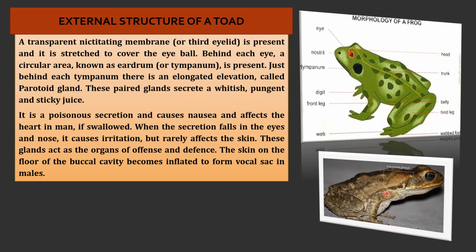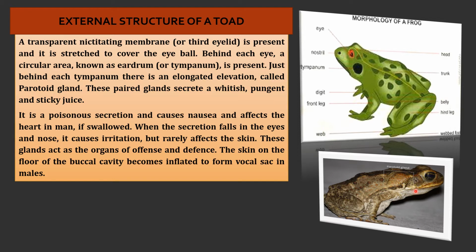And see, within a box it has been shown that it is the parotid gland which is present behind that tympanum. So it's an elongated, elevation-like structure called the parotid gland.